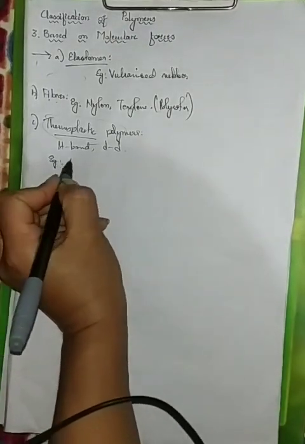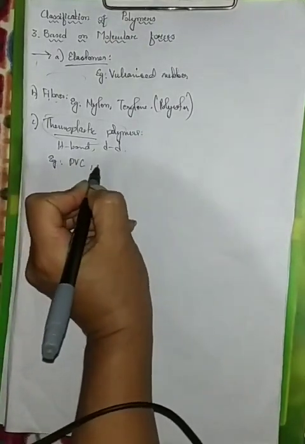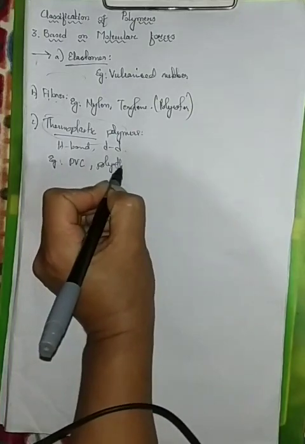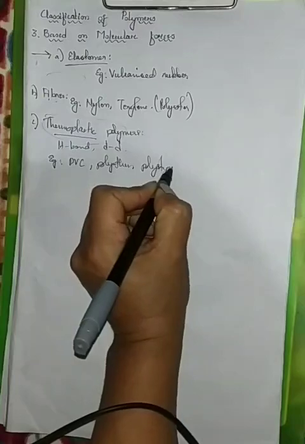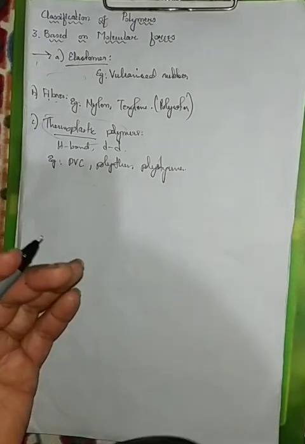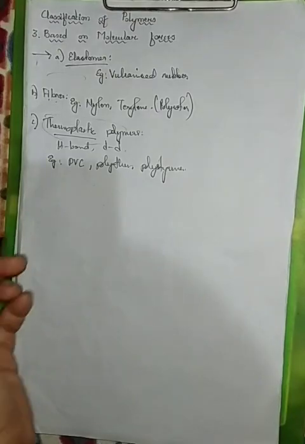For example, PVC, polythene and polystyrene. This type of polymers can be made into any shapes, because on heating they become soft, and on cooling they become hard. Therefore, these polymers are reusable polymers.